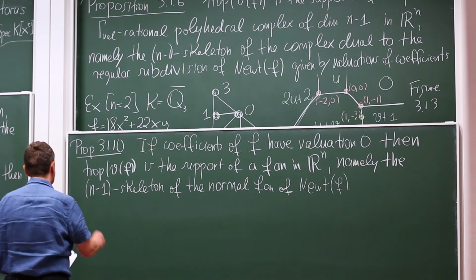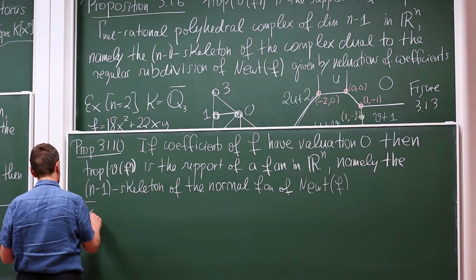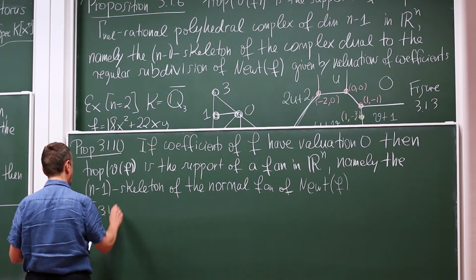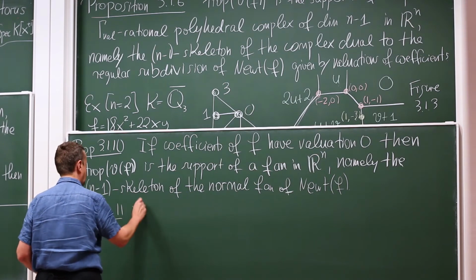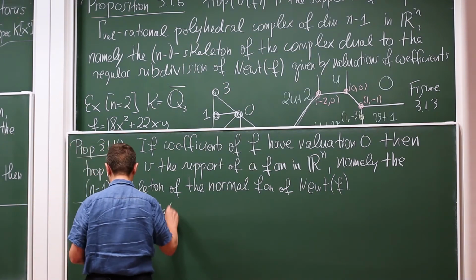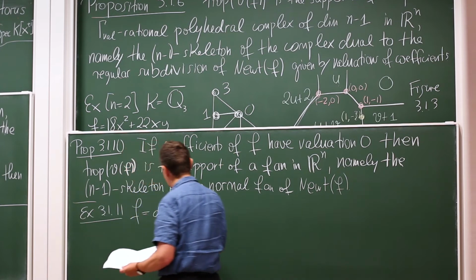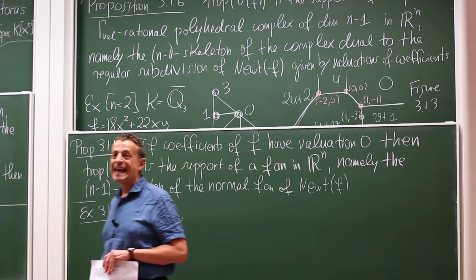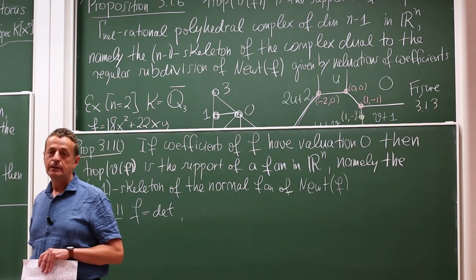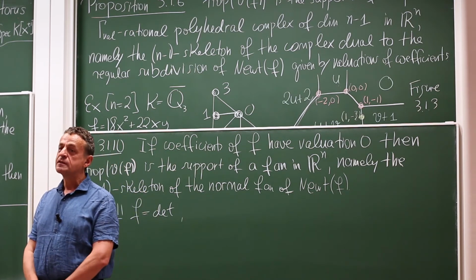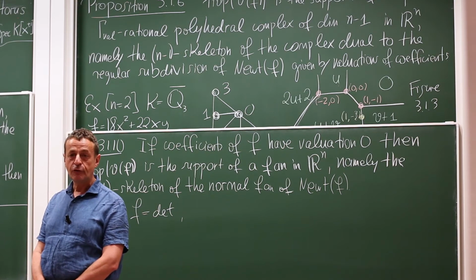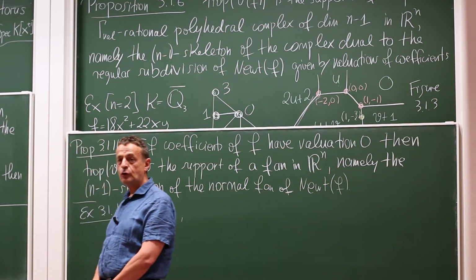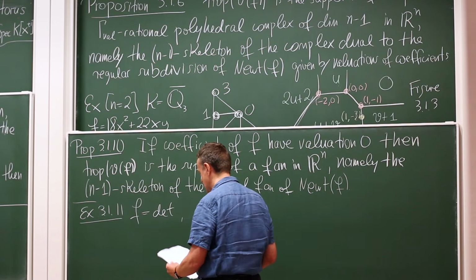A very good example to think about is the determinant. So 3.1.11. So let's say f is the determinant, for example, the 3 by 3 determinant. So in this case, n is 9. It is a cubic polynomial of degree 3, having 6 terms in 9 unknowns.